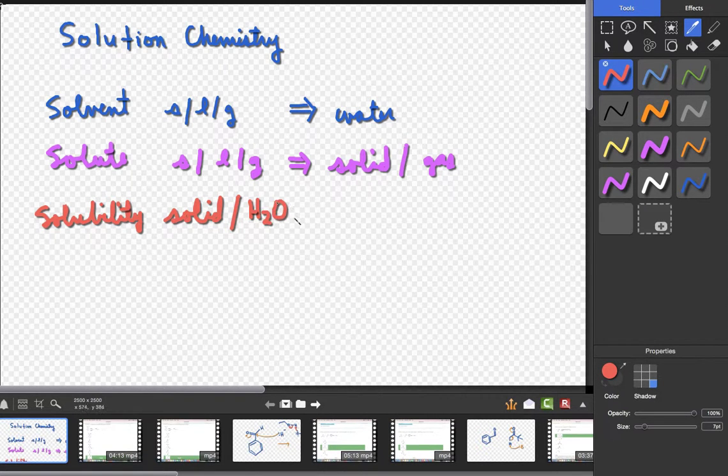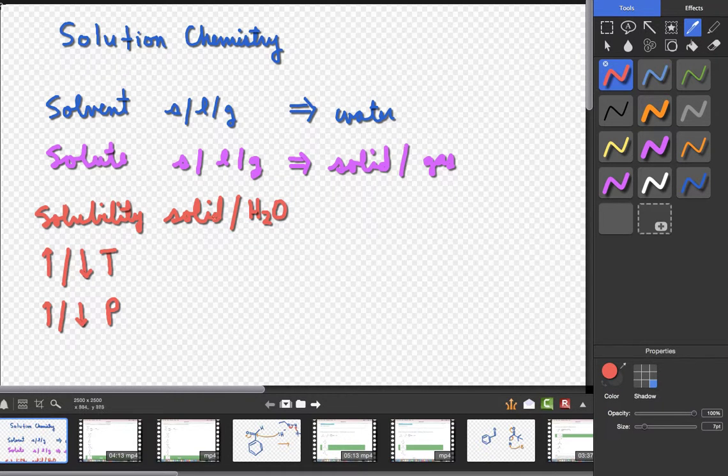Specifically, we want to talk about how the solubility of a solid changes when I increase or decrease temperature, and when I increase or decrease pressure. And the short answer for this is it depends upon the nature of the dissolution process.